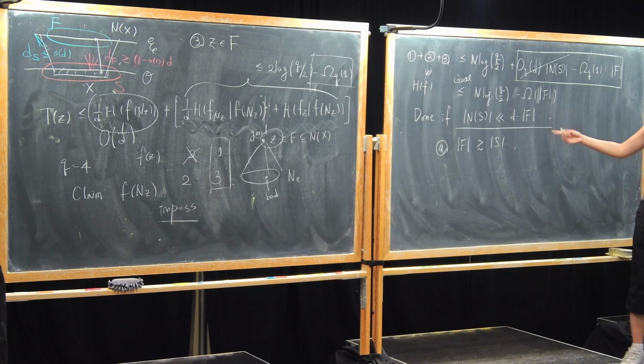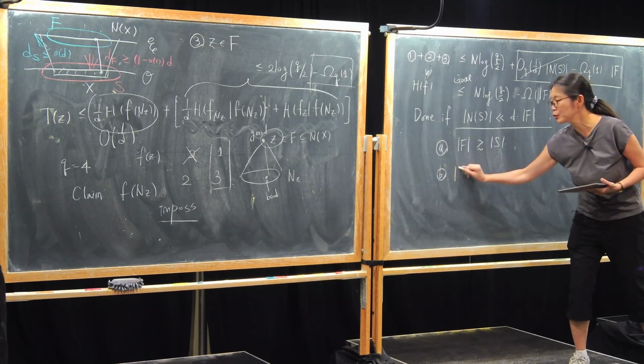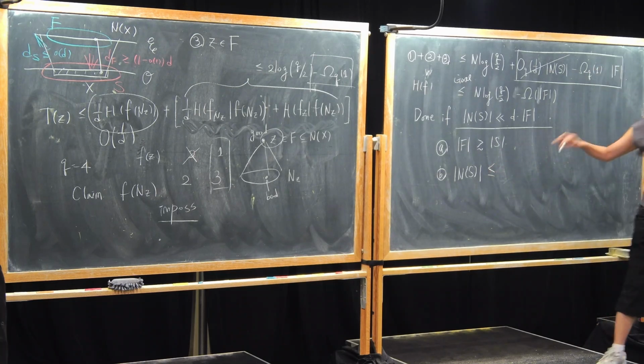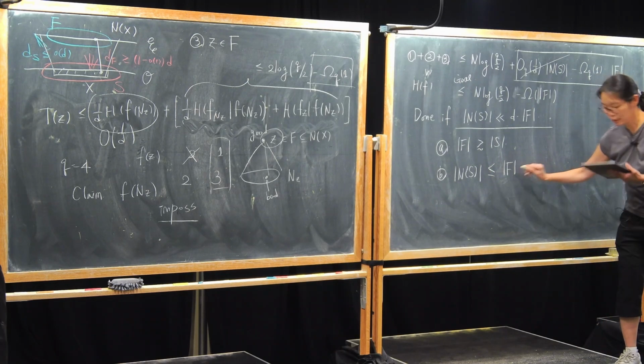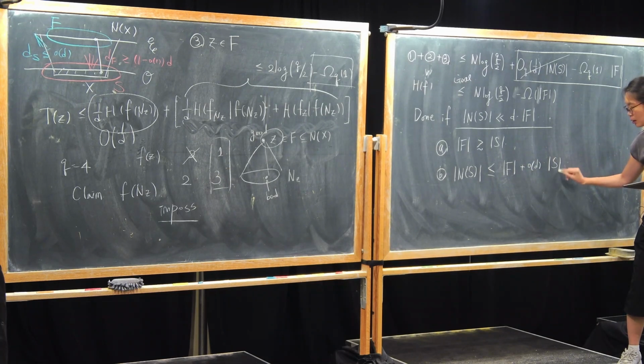So we have this. And then the second part is the neighborhood of S is bounded above by, I'll write down the answer and then I'll ask you why. This is at most this plus little o of D times this. So part A was already done yesterday.